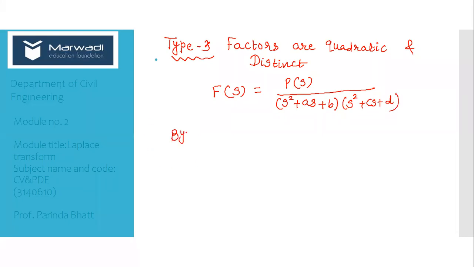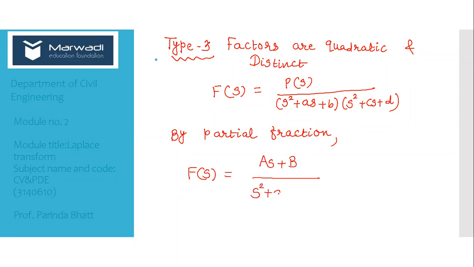Therefore, we can write by partial fraction: F of s is equal to (As plus B) divided by (s square plus as plus b) plus (Cs plus D) divided by (s square plus cs plus d).